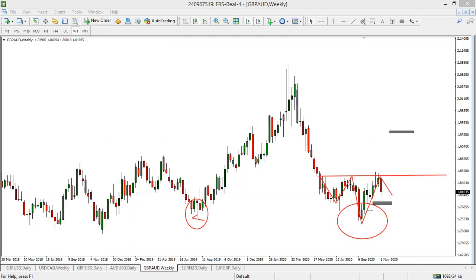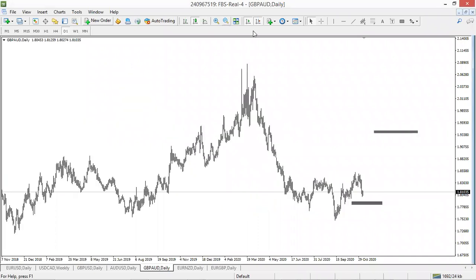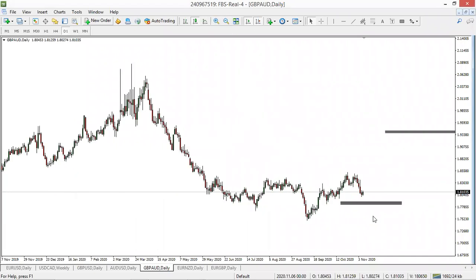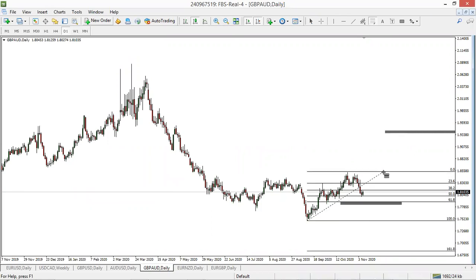Since I've determined that price is at support and bouncing off it, I want to join the buy side. That being said, I'm going to break it down to the daily once again. I pull my 61.8, and look for a good support level to buy from.